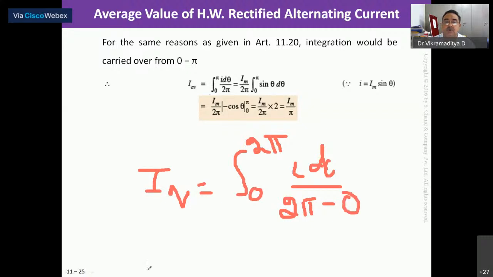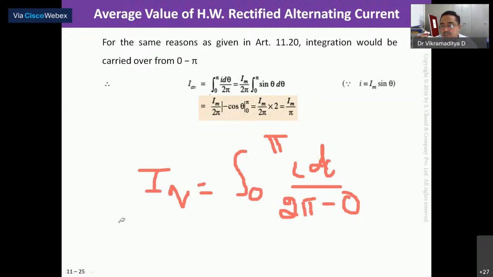Now, if I break this integration, then I will find that from 0 to pi, there exists the function Im sine theta. But between pi to 2 pi, this does not exist, it is 0. So I can simply remove it.